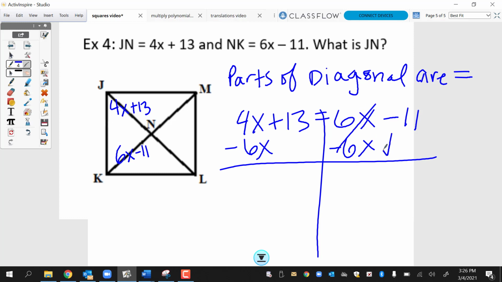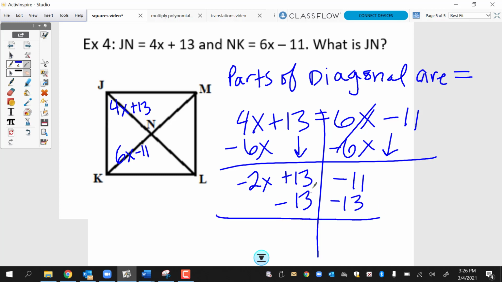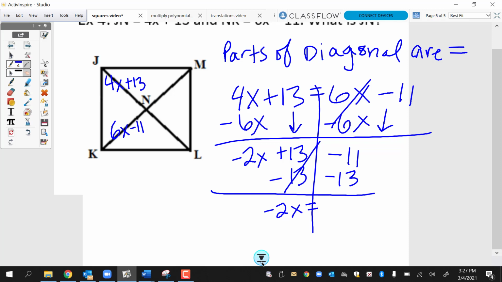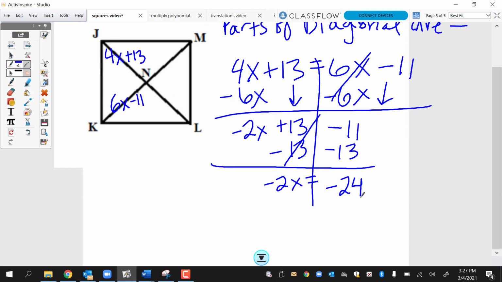I need x's on the same side. Negative 11 is here. Positive 13 is here. 4 minus 6 is negative 2. Now we're moving 13 to the other side. This goes away. Negative 2x. Negative 11 minus 13 is negative 24. Divided by negative 2, I get x equals positive 12.